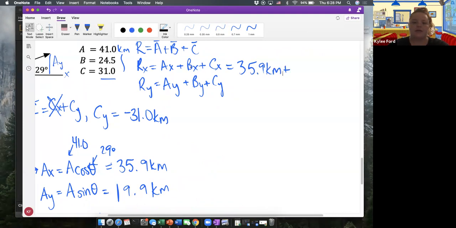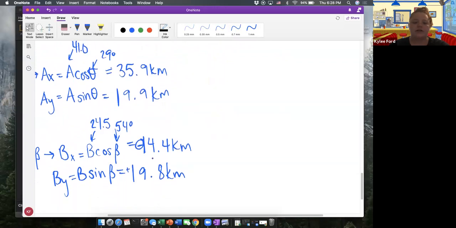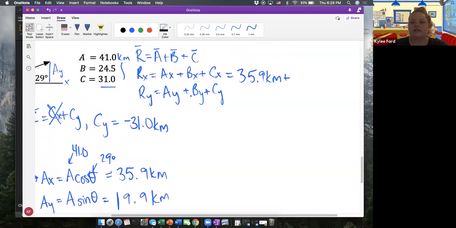Now we need our bx, which we have down here, negative 14.4 kilometers.